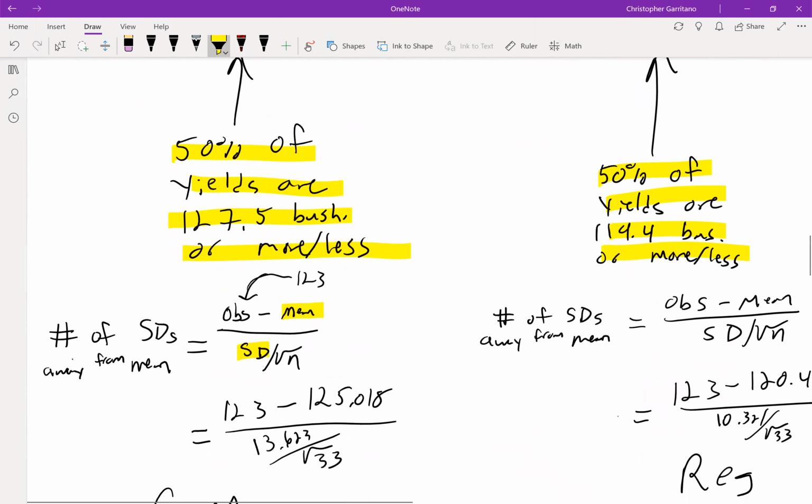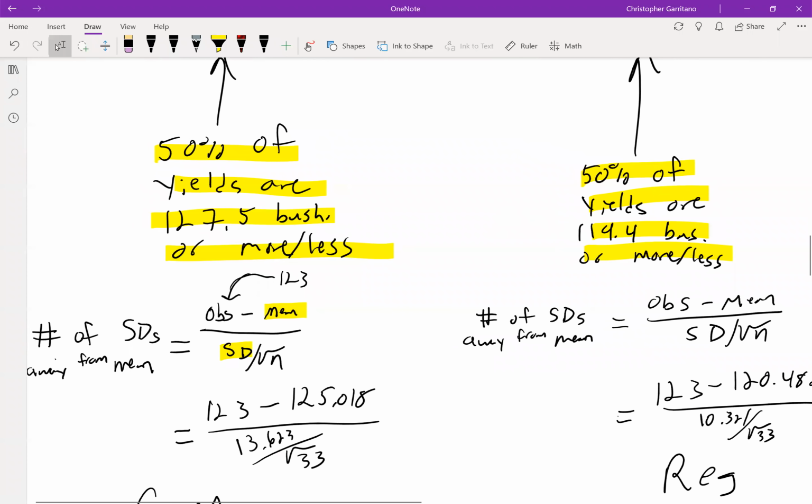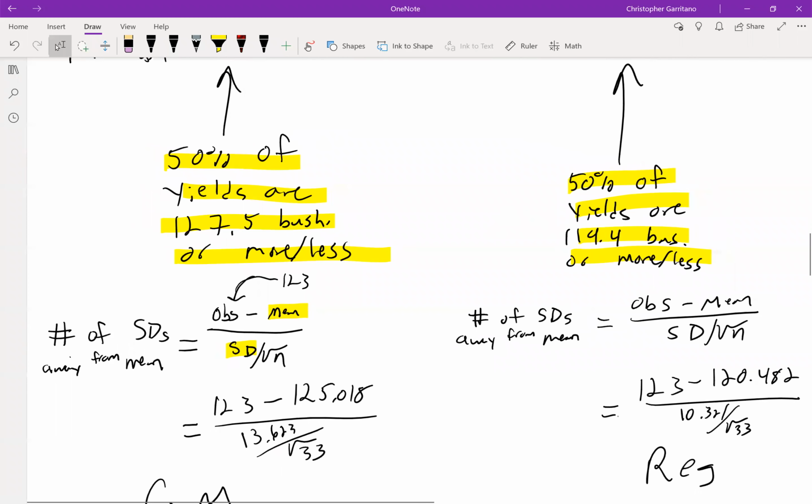That's just one assumption that we're going to have to make if we want to make this kind of argument. So what I'm doing here is calculating what could be referred to as a z-score. I think technically z-score is used if you're using a normal model. I am not necessarily using a normal model here. I can still determine mathematically the number of standard deviations above or below the mean. So give me one moment and I will calculate these numbers.